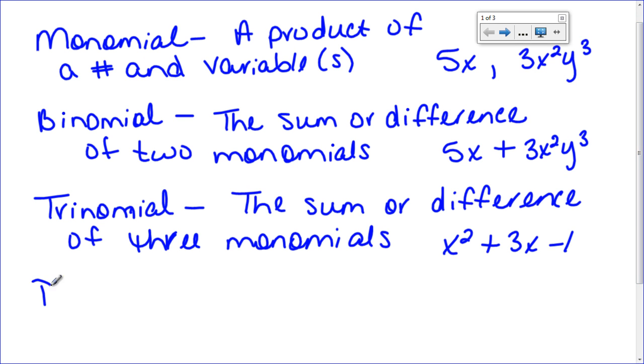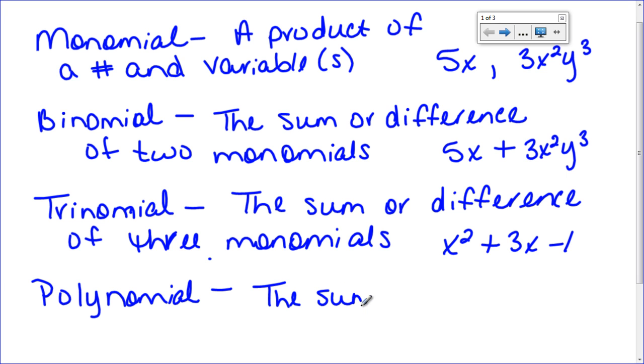And then a polynomial covers all of these. A polynomial occurs when you have 2 or more terms or monomials in your statement. So it is the sum or difference, and that's the word or, the sum or difference of 2 or more monomials.